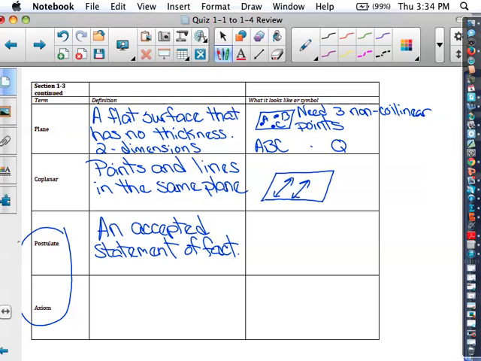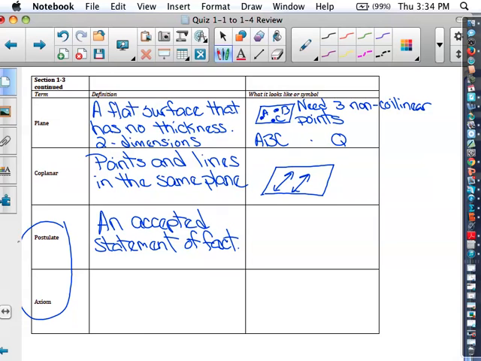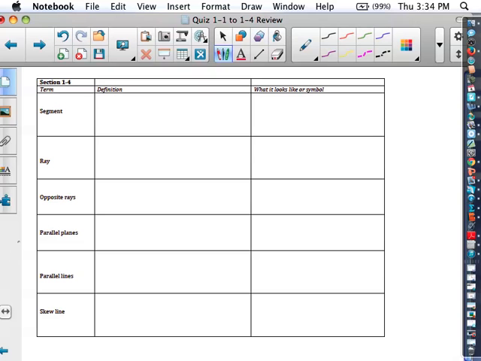And then the last section, section 1.4. A segment is a part of a line containing 2 endpoints.